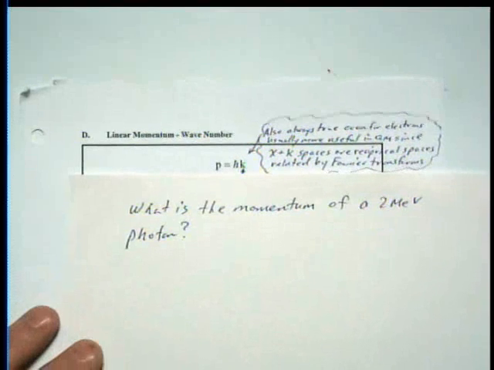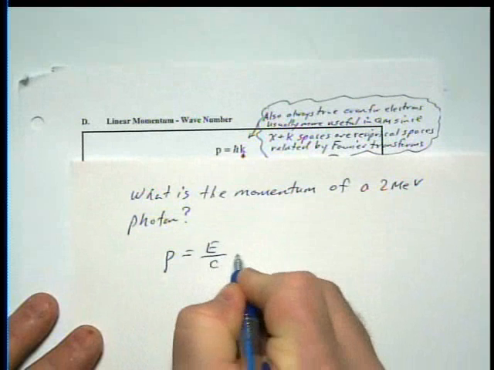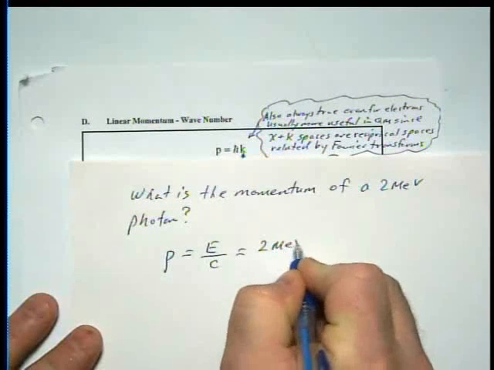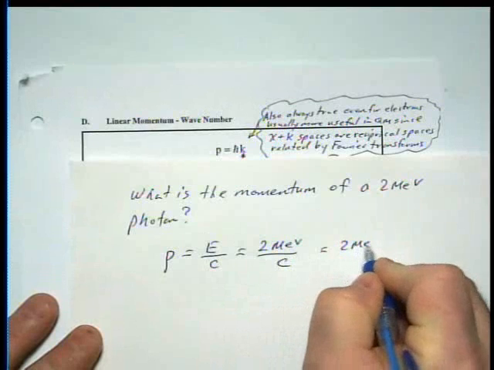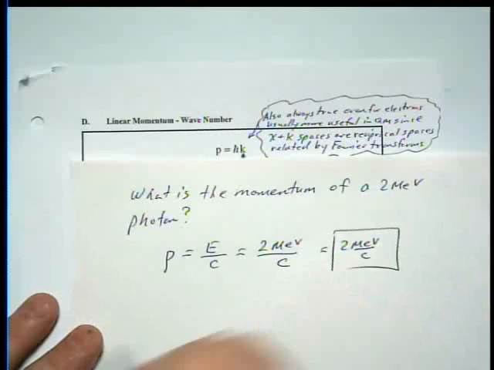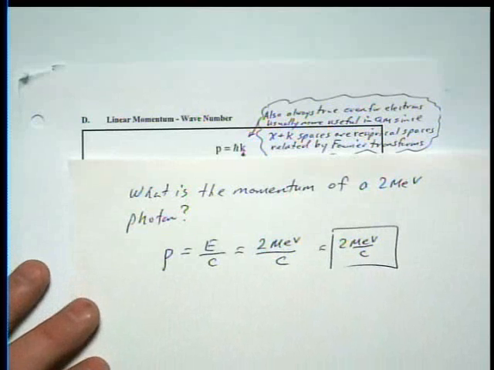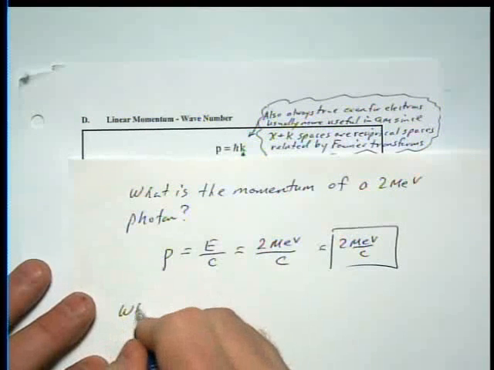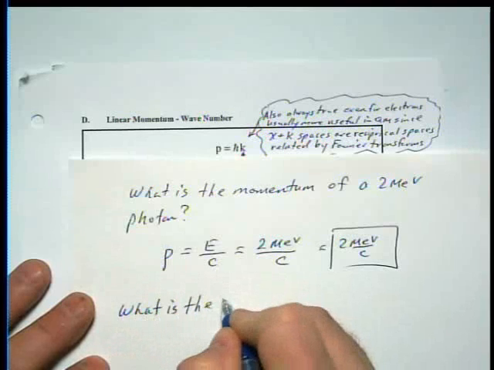The easiest way to do that is P is E over C. Just treat it like it is. Really easy, easy, easy. You can also ask, what is the wave number?